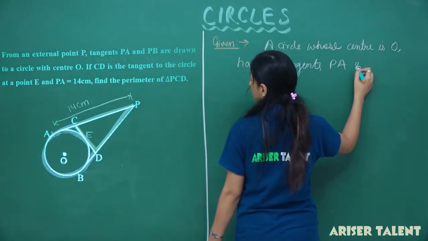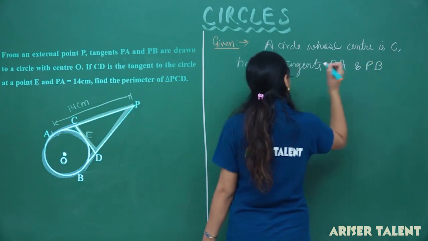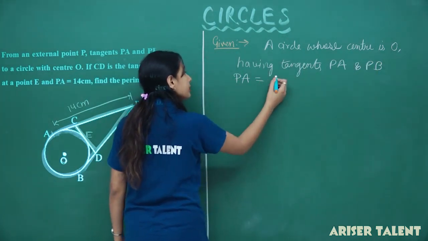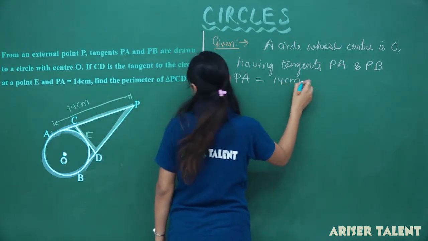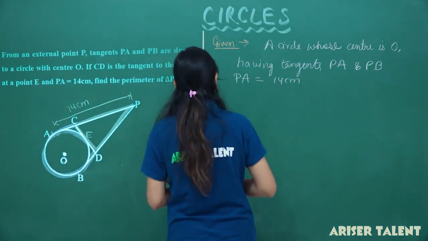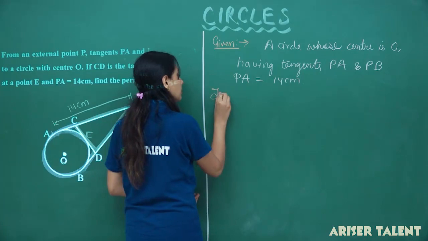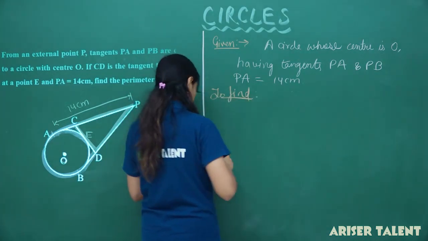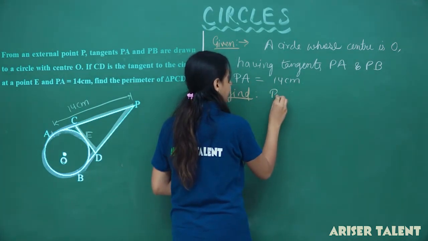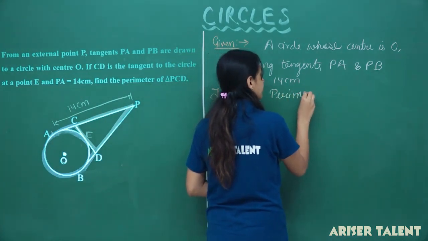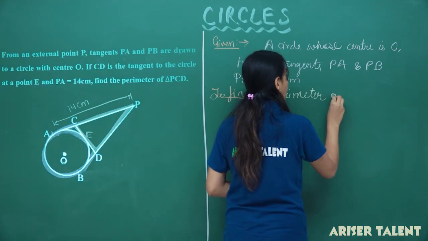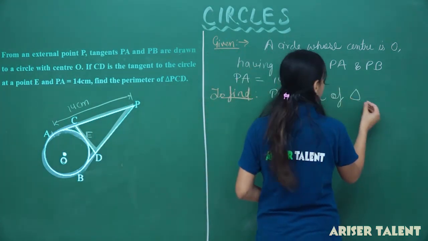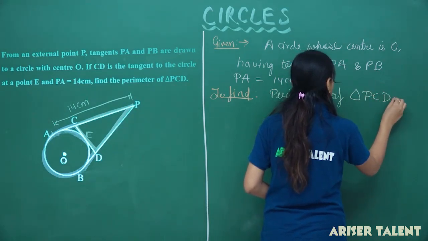The information given is PA equals 14 centimeters. We need to find the perimeter of triangle CDP, or PCD, you can say.